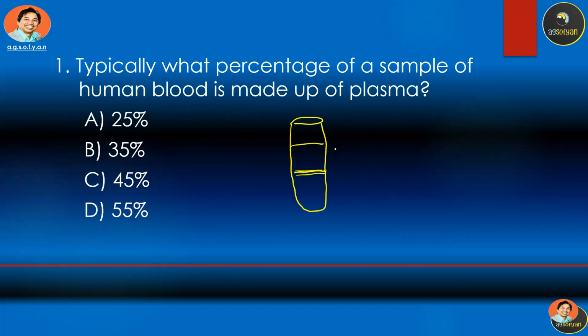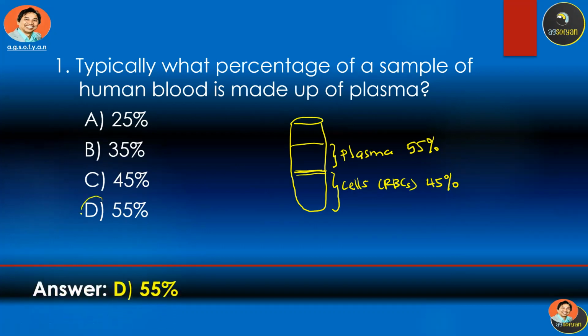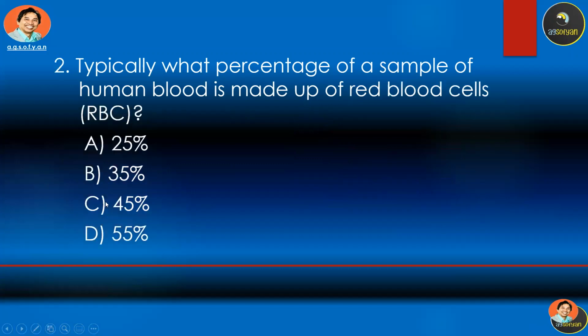The bottom region is actually the cells, mostly red blood cells, and the top region will be the plasma, or the blood plasma, and normally there will be 55% plasma and 45% the formed elements or cells. So the answer will be D, which is 55% blood plasma.